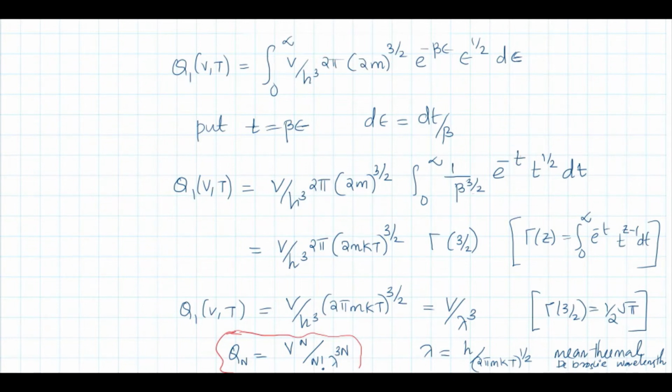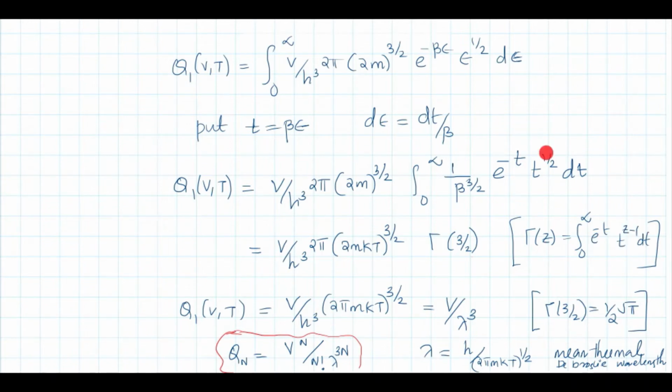So this is V by h³ 2π. This β is nothing but 1 by kT, so it is 1 by kT raised to 3 by 2. That makes it (2m kT) raised to 3 by 2. And what is the factor in the integral from 0 to infinity of e raised to minus t, t raised to half dt? That is nothing but gamma 3 by 2, where gamma is just the gamma function. The definition of the gamma function is gamma z is the integral from 0 to infinity of e raised to minus t, t raised to z minus 1 dt.